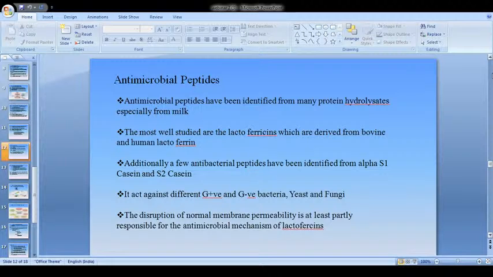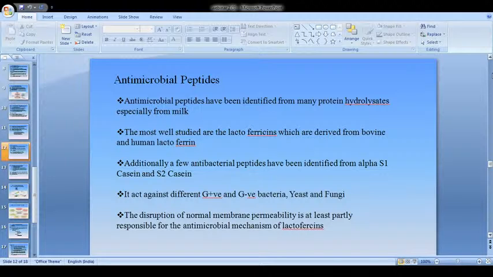Additionally, a few antibacterial peptides have been identified from alpha S1 casein and S2 casein, and they act against both gram-positive and gram-negative bacteria, and also yeast and fungi.